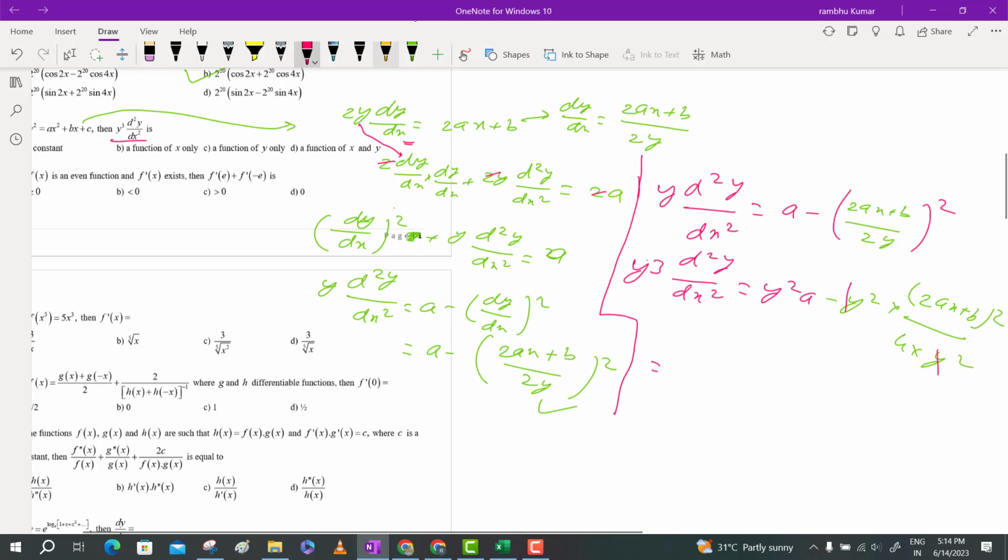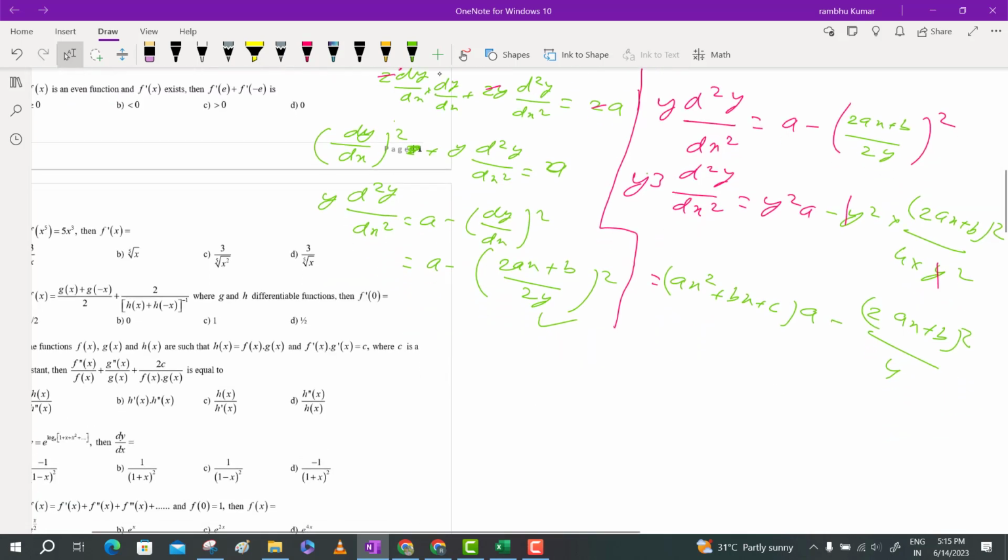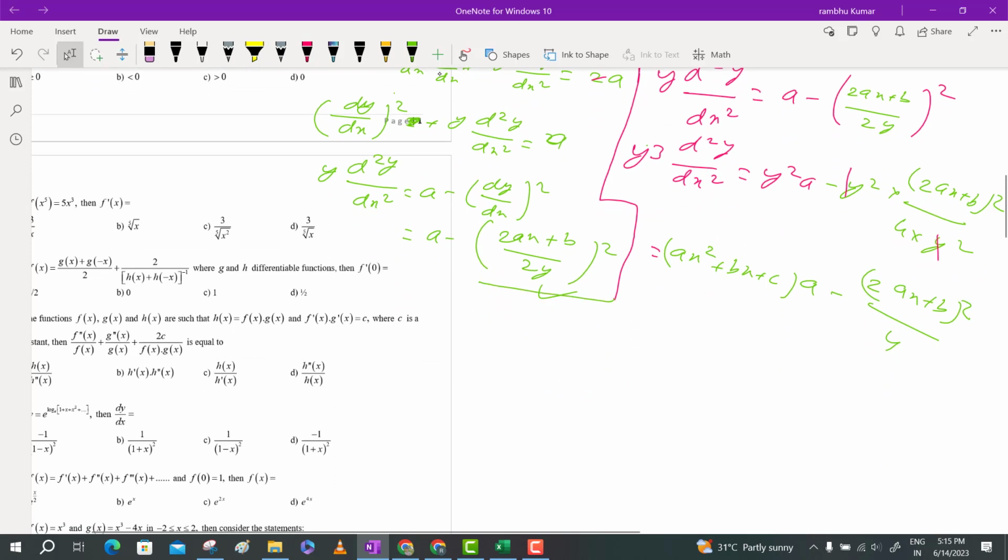Now let's expand this whole thing. So y square is how much? It's given in the question. Y square is nothing but ax square plus bx plus c, correct? So which means ax square plus bx plus c into a minus 2ax plus b whole square divided by 4. Now expand this one.